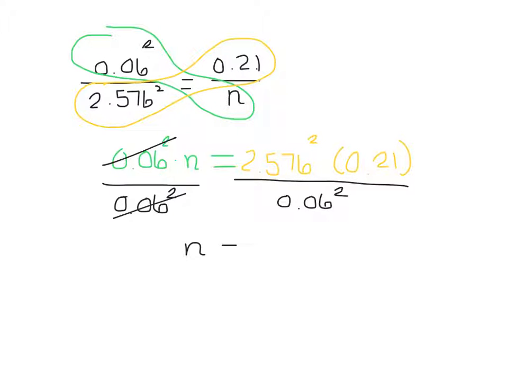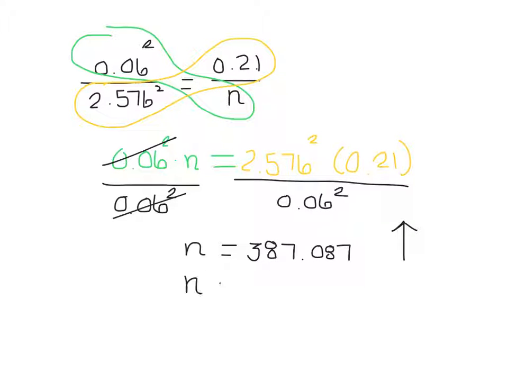N represents our sample size. If we perform that multiplication and then that division by 0.06 squared, we get an n equal to 387 point about 0.087. Now, whenever we're trying to determine an appropriate sample size for a particular sampling error, we always round our sample size up to the next integer.